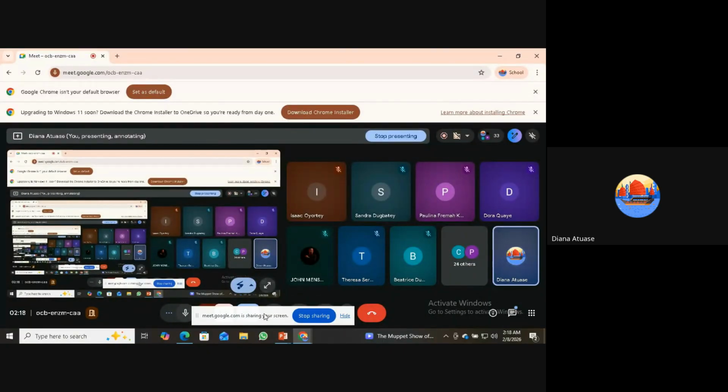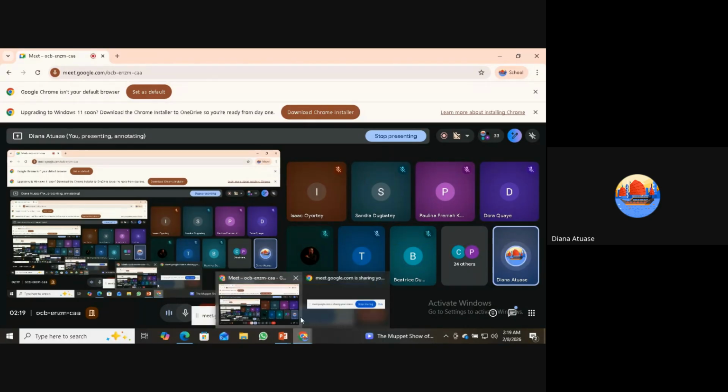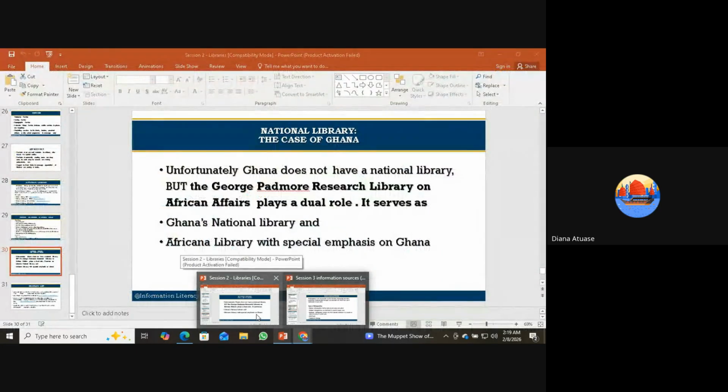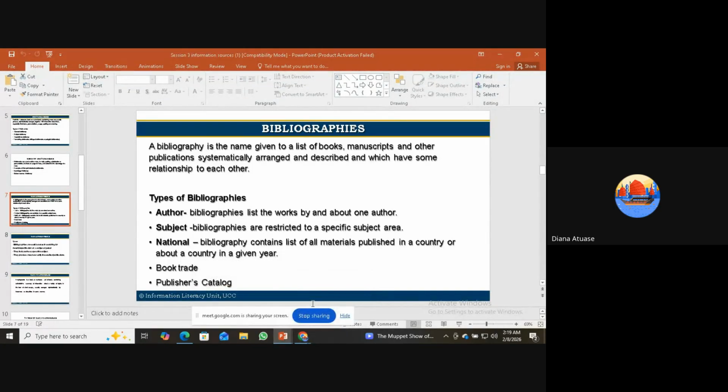So bibliographies are just the list of publications. A list that contains publications of authors, publications by authors, on subject areas. They are all bibliographies. So a list of books that are published by an author.